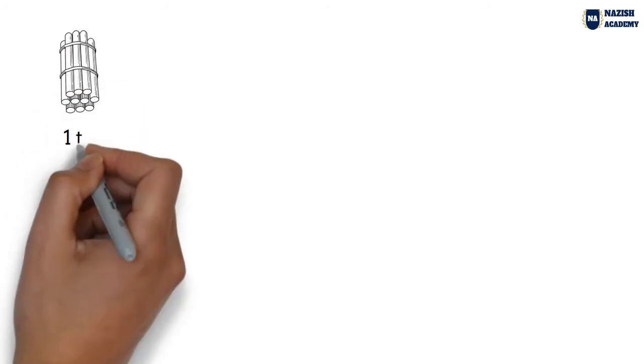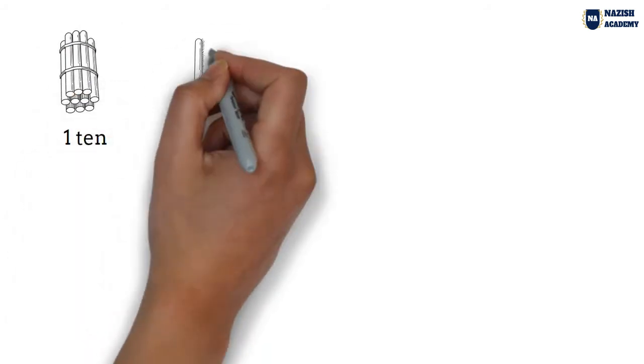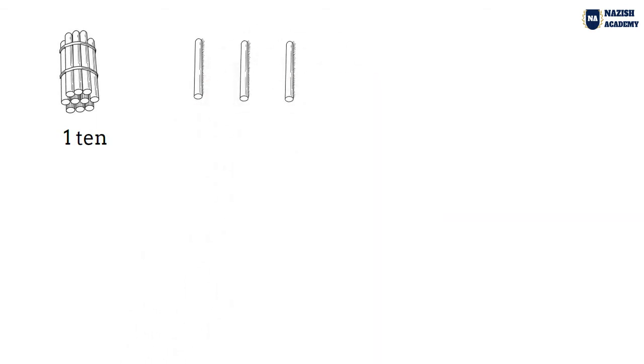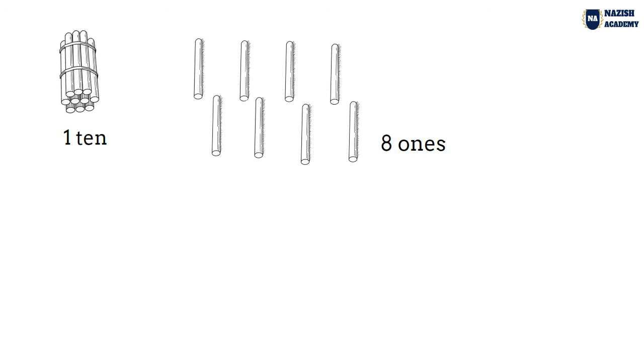Ten and 1, 2, 3, 4, 5, 6, 7, 8. 8 ones. Ten plus 8 ones is equal to 18.